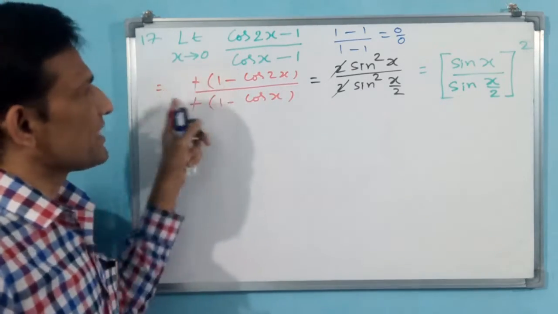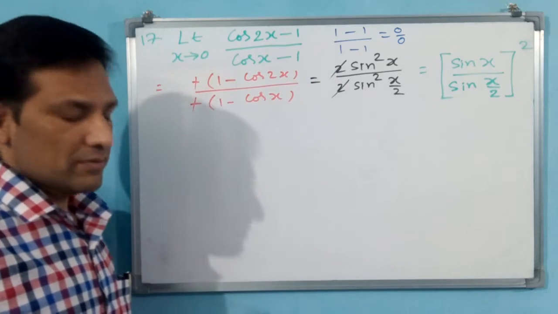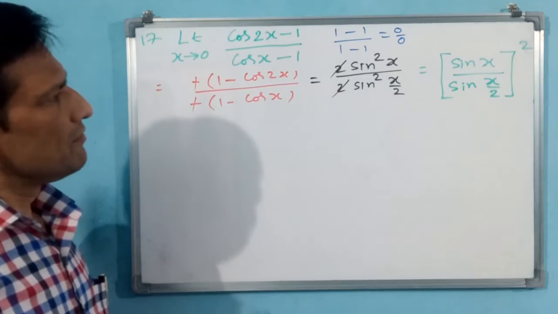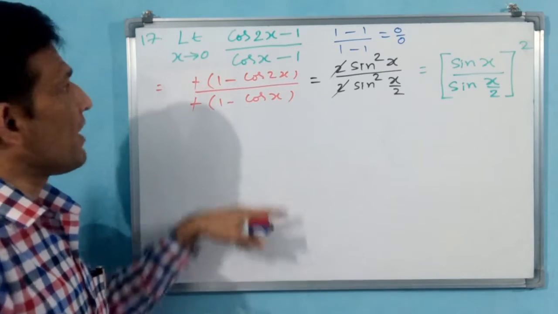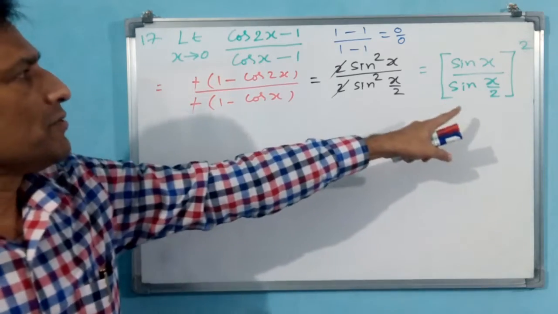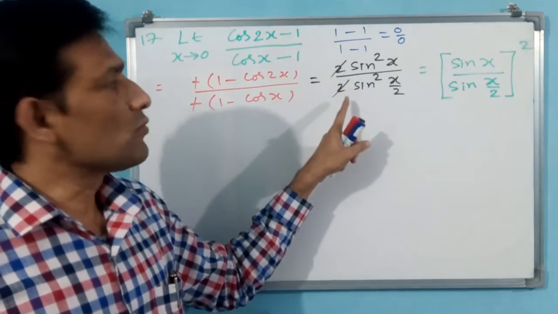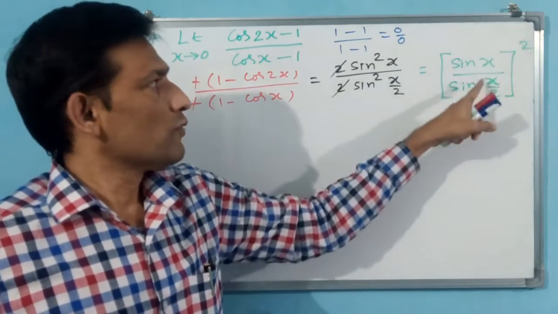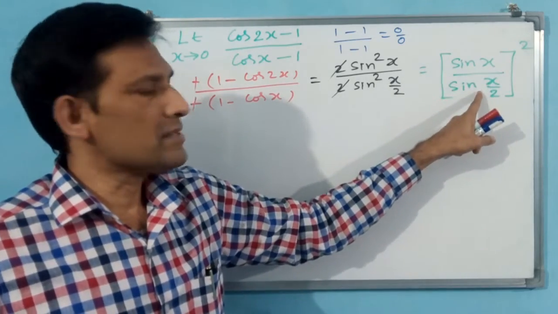But you have to keep limit x tends to 0 each time, or else you can write f(x) by g(x), make the functions separately, and finally apply the limit. That also you can do. I have cancelled out 2, sin x by 2 whole square. If you send the square inside, it is sin square x by sin square x by 2.